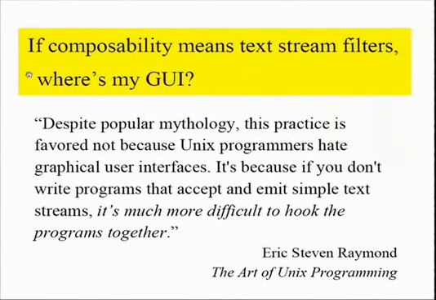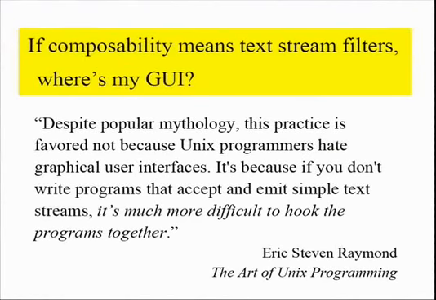Okay. So for example, if composability is based on text stream filters, what happens to my GUIs? Where are my GUIs? And here's an answer from The Art of Unix Programming. Despite popular mythology, this practice, that is text stream filters, is favored not because Unix programmers hate GUIs. It's because if you don't write programs that accept and emit simple text streams, it's much more difficult to hook the programs together. Okay?